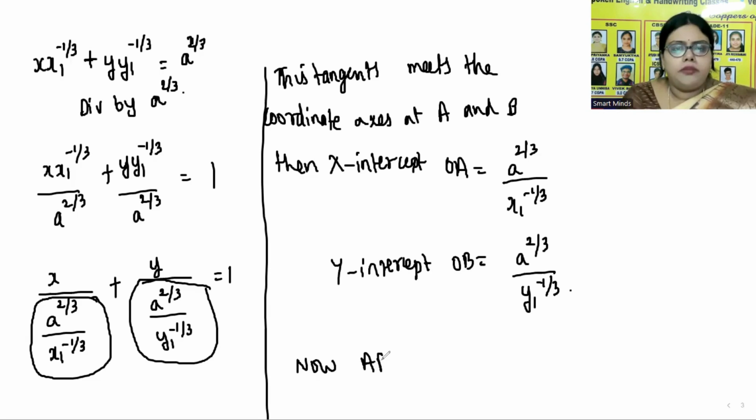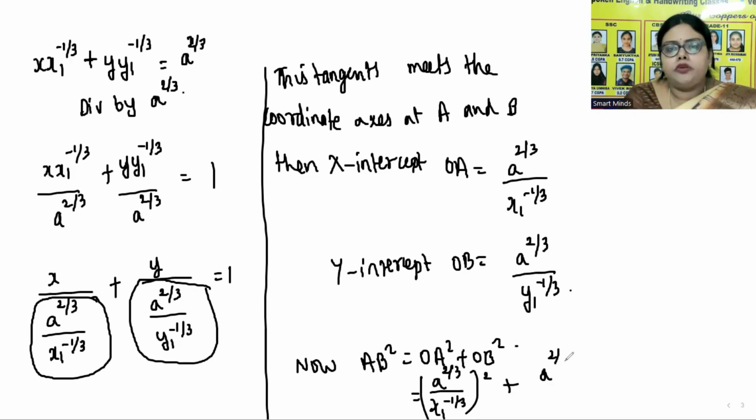Now, AB square is equal to OA square plus OB square, no? So, we can write this as a power 2 by 3 by x1 power minus 1 by 3 whole square plus a power 2 by 3 by y1 power minus 1 by 3 whole square.